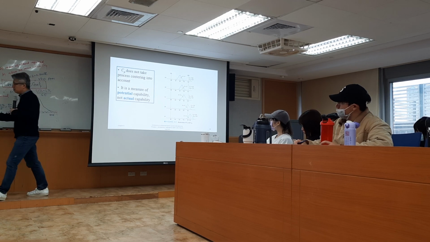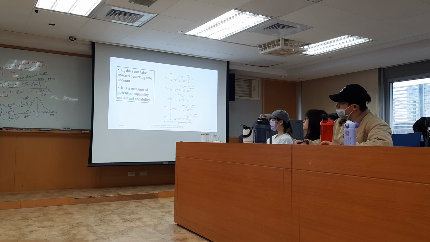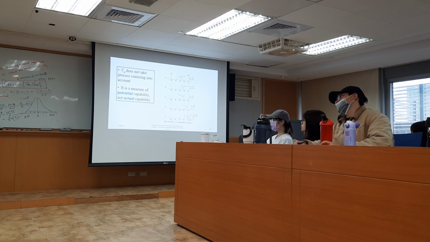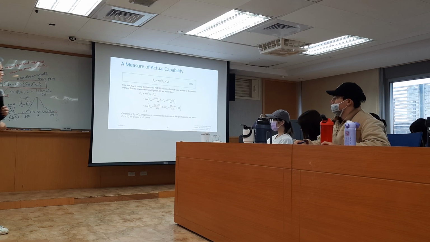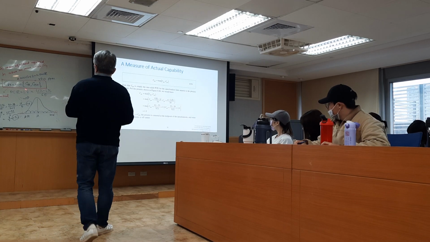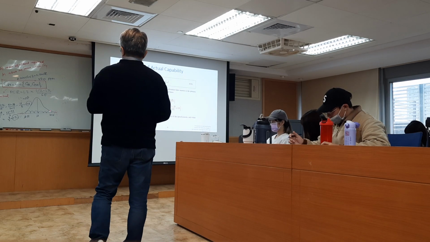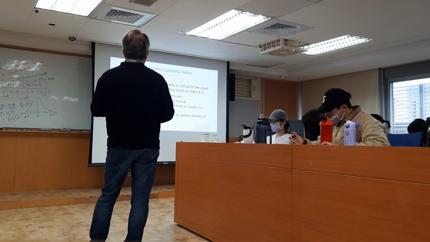So CPK turns out to be 0, and then turns negative. So even though it is potentially capable, if the center is not taken into account, then the actual capability will not be adequate. That's why we determine CPK as the minimum of those. So this is the example.